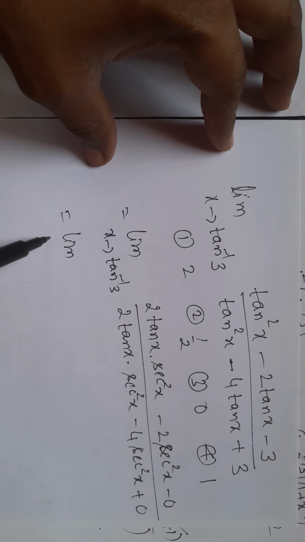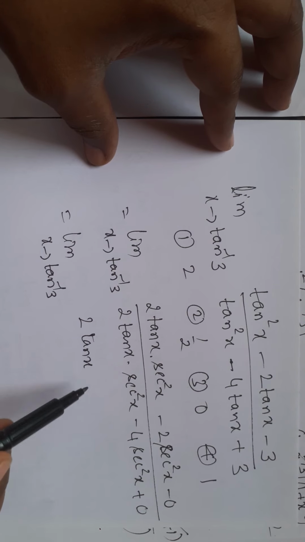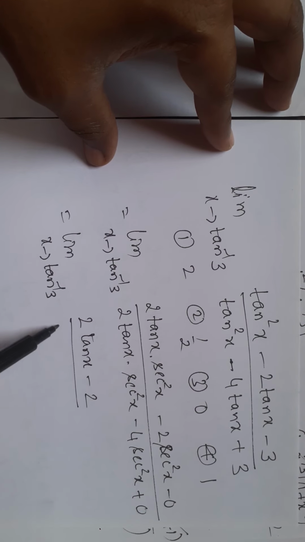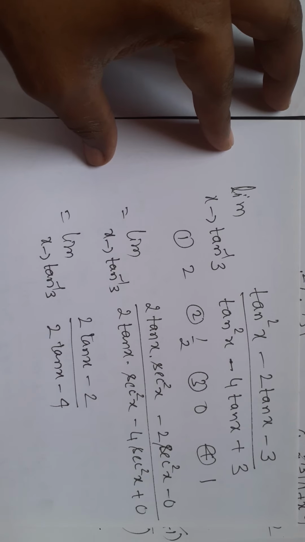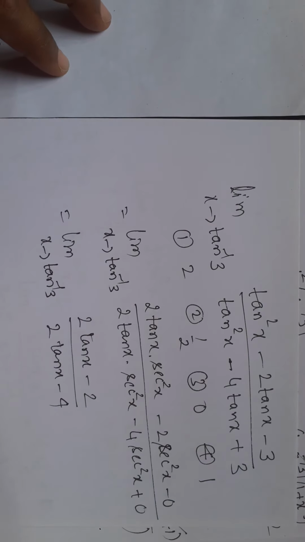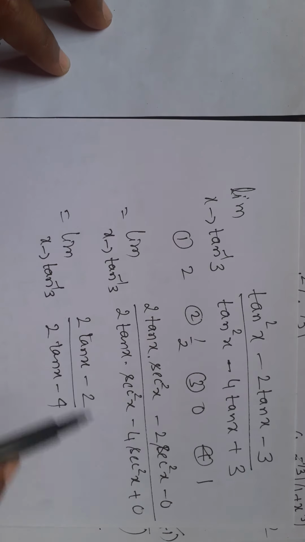Take secant square x common outside, leaving 2 tan x minus 2 over 2 tan x minus 4. Secant square x cancels in numerator and denominator.